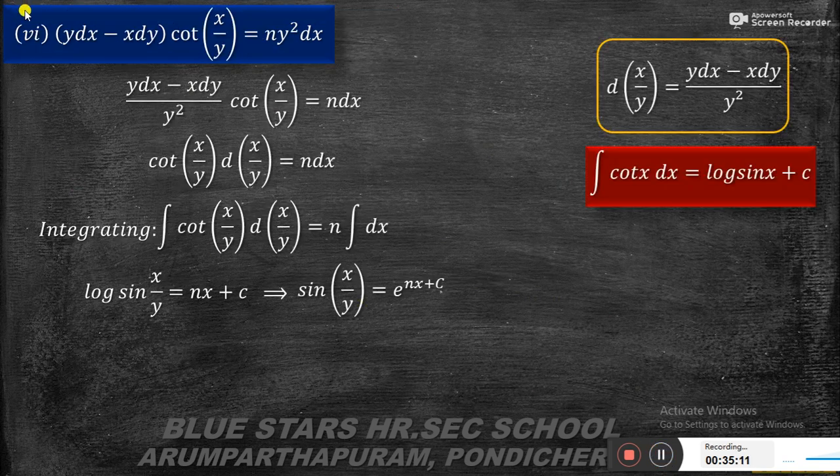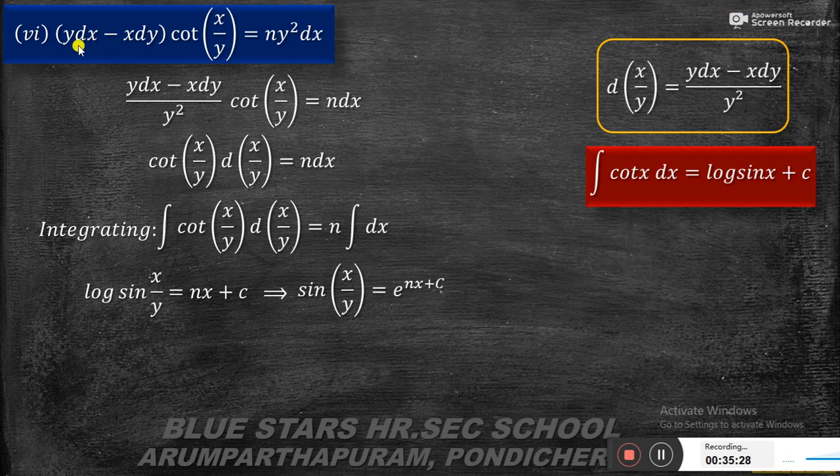So next, the sixth problem: (y dx minus x dy) cot of (x/y) equals n y^2 dx.